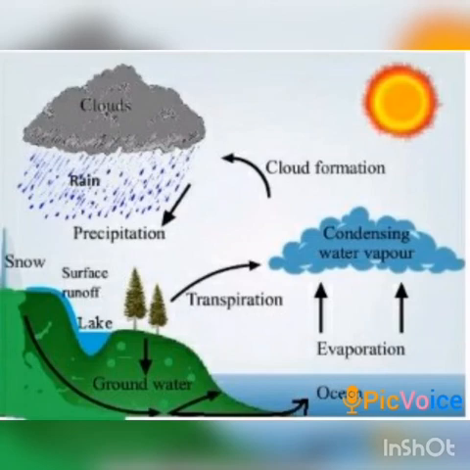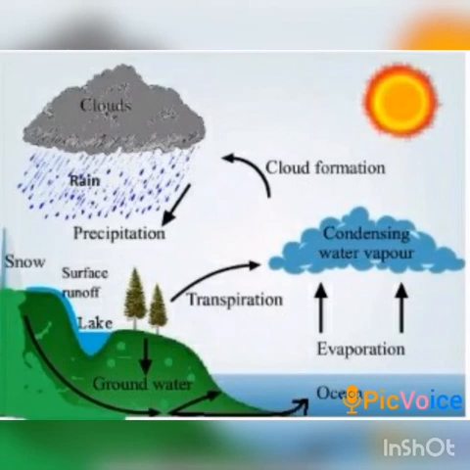What do you mean by transpiration, children? The loss of water as water vapor by plants, through the pores present in the leaves and stems. The loss of water as water vapor by plants is called transpiration.